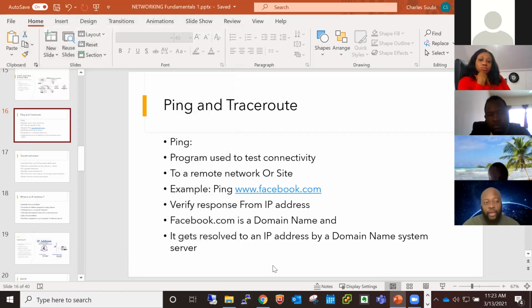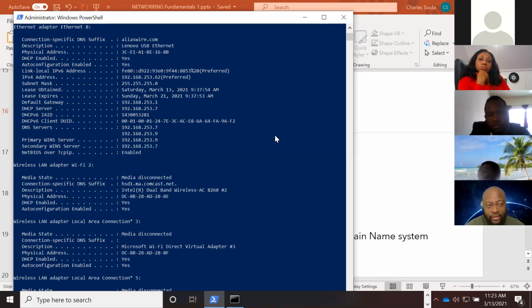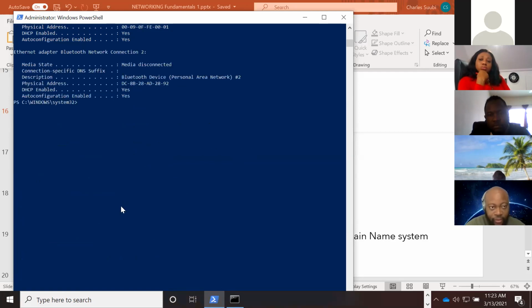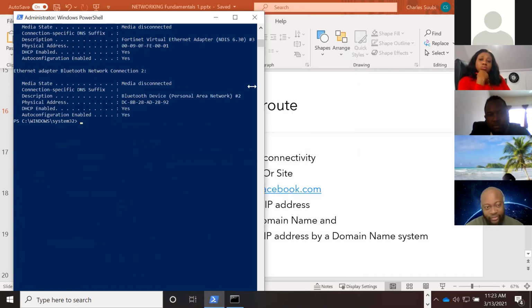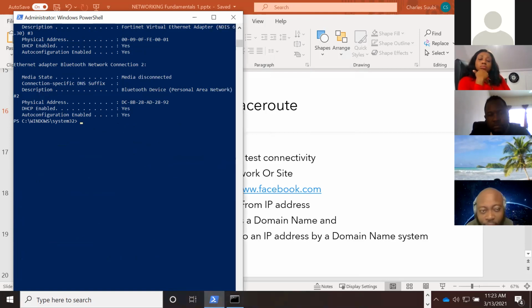Charles, please, I have a question. Sure, please. You're talking about ping, and you've been talking about protocols. I just pinged Facebook from now, and I got an IP address. But looking at this Windows PowerShell, this command line interface in front of me, when you ping, what actually happens? What are the protocols? Can you explain what actually happens in the communication?